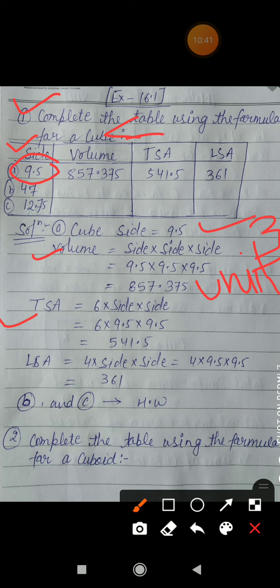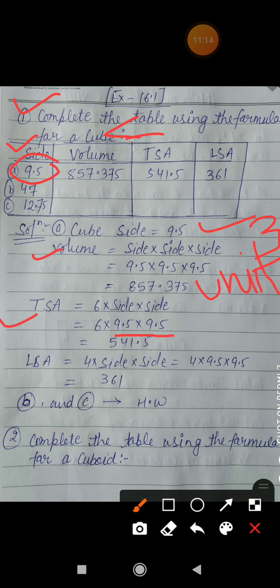Now we have to discuss the total surface area. So TSA is equal to 6 into side squared, and here you have to put the value of the side. The value of the side is 9.5, so 6 into 9.5 into 9.5, and calculate these, and then you get the answer.